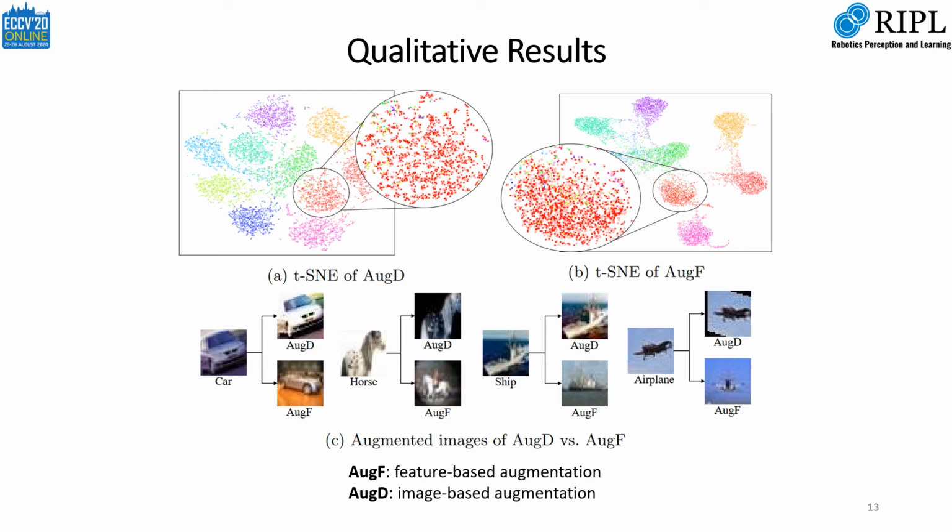Furthermore, to concretely visualize the learned augmented feature, we find the nearest image neighbors in the feature space and compare it to image-based augmentation side by side. As can be seen in figure C, our learned feature-based augmentation is able to augment input images to different poses and backgrounds, which could be challenging for conventional image-based augmentation.